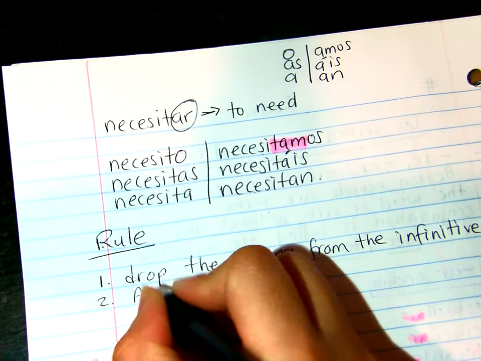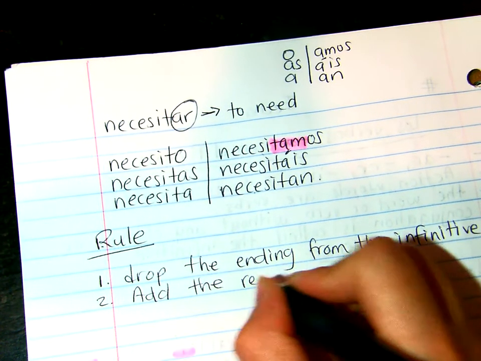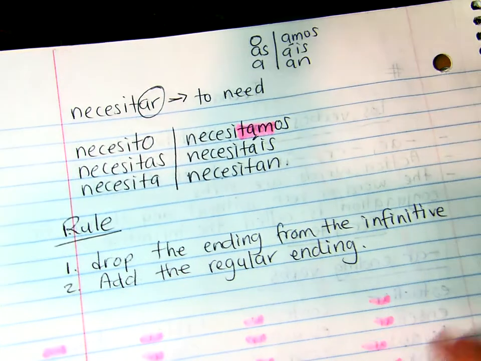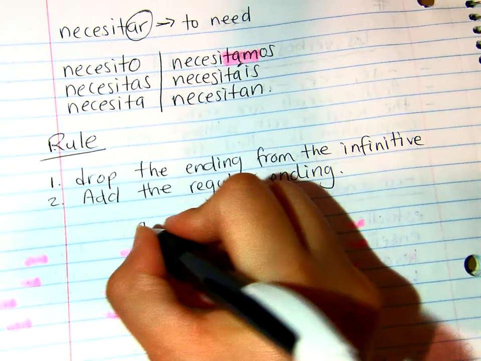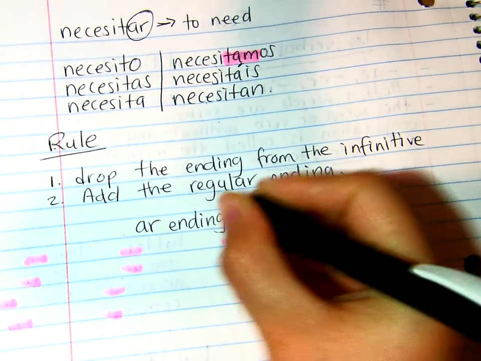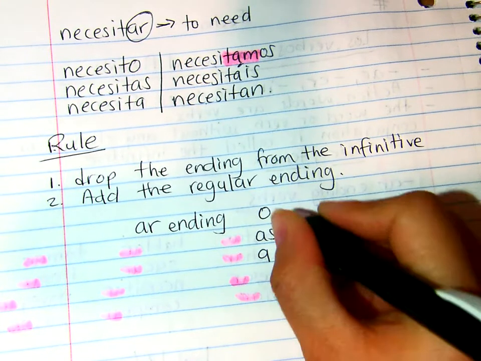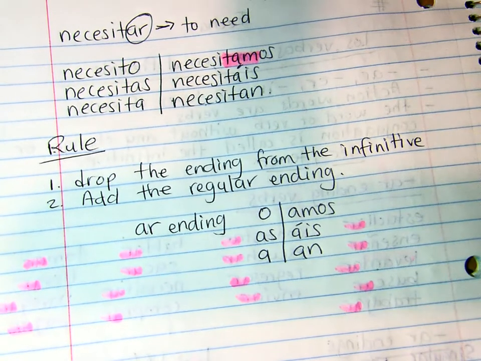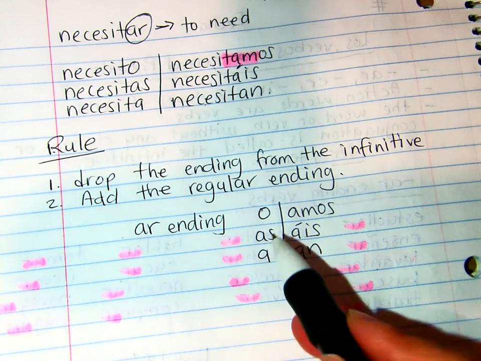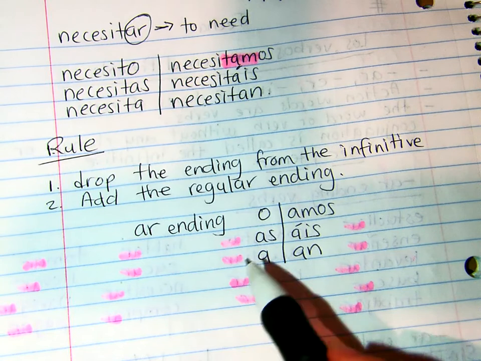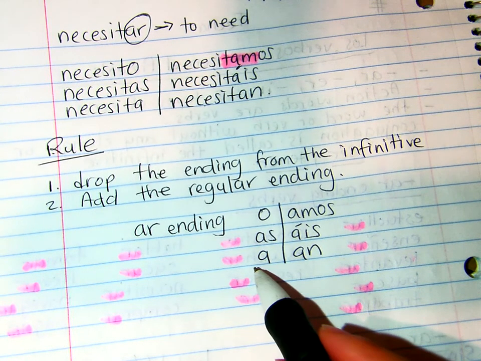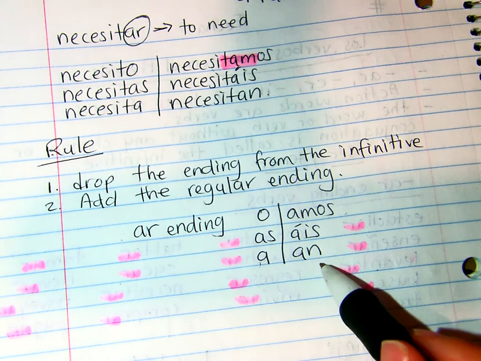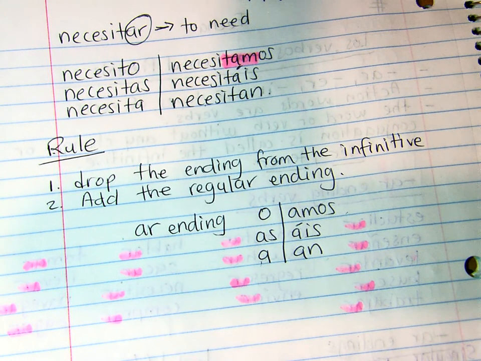And then add the regular ending, which are your endings for AR: o, as, a, amos, áis, an. So depending on who's doing the action, if it's yo, you're going to put an o. Tú, as. Él, ella, usted, a. Nosotros, amos. Vosotros, áis. Ellos, ellas, ustedes, an. Okay? Bien, chicos.